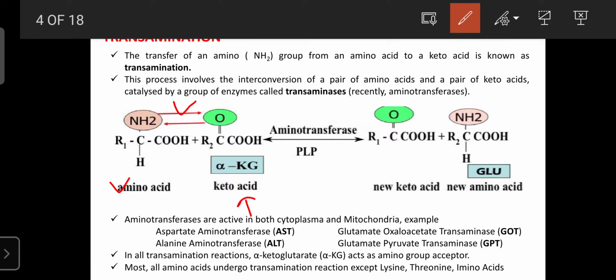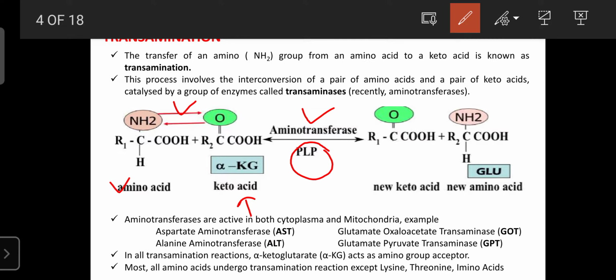So that reaction is known as transamination. And transamination mainly occurs by an enzyme known as aminotransferase, with a cofactor known as PLP, that is pyridoxal phosphate.